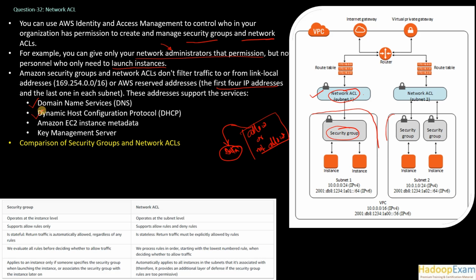Dynamic Host Configuration Protocol, DHCP, if they want to apply it, they can use it. Amazon instance metadata related information and key management services. So these are the 4 things for which Amazon reserves IP addresses. This is not directly related to this question, but it prepares your knowledge for future questions as well, so you become comfortable and learn as much as possible on each side.